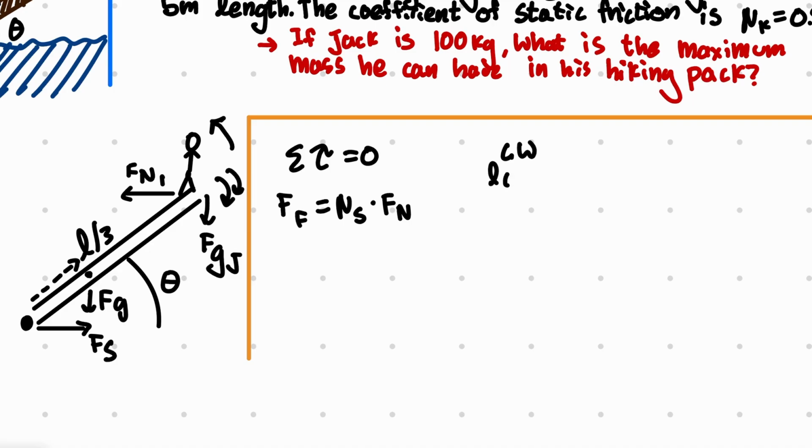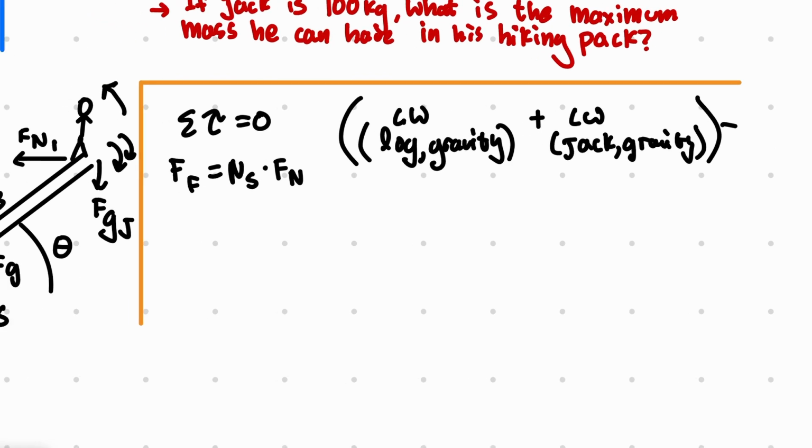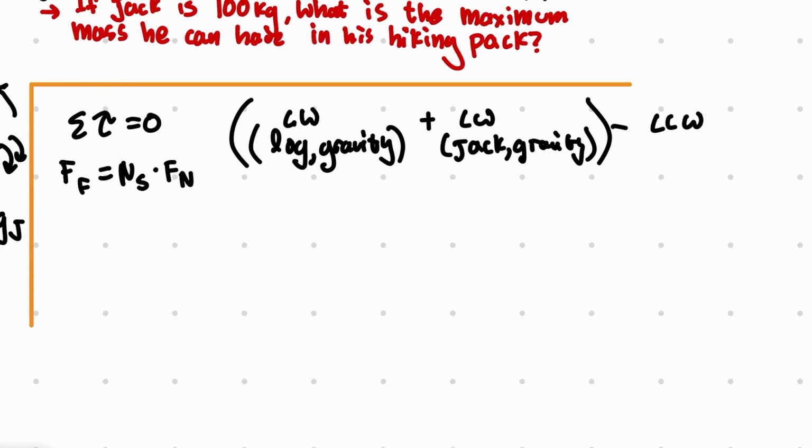Here we have a torque going clockwise, and one of those torques is, let's say, the torque from the log. We add that to another torque going clockwise, which is the torque from Jack and gravity. From those torques, we're going to subtract the torque going counterclockwise, which in this case is the torque of the normal force against the wall.